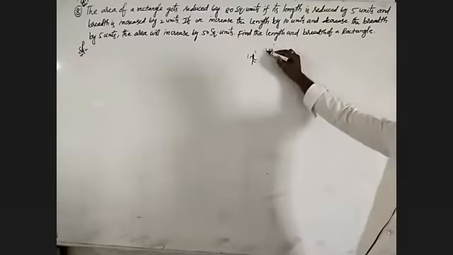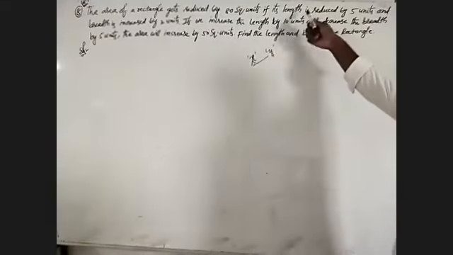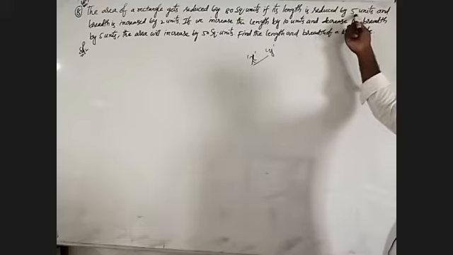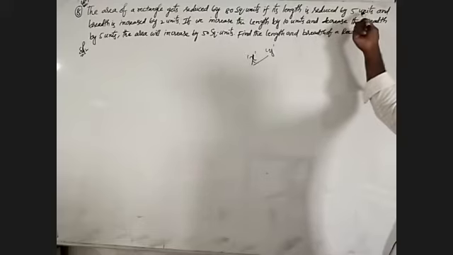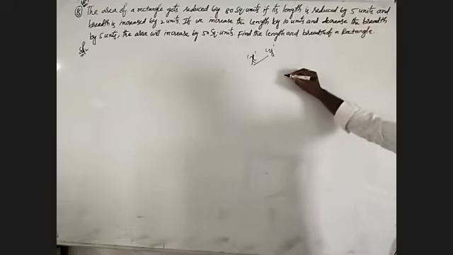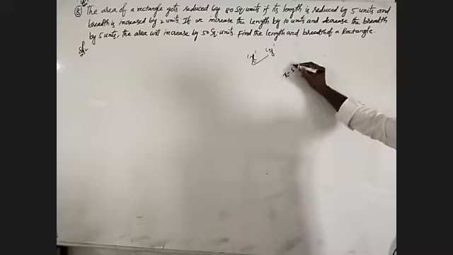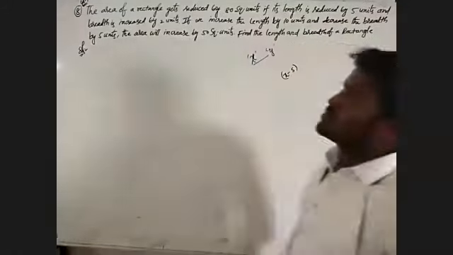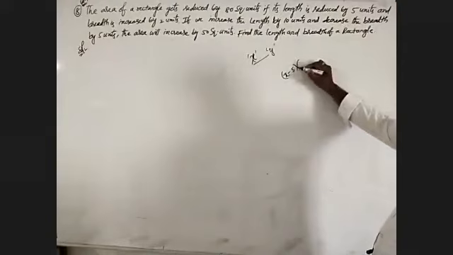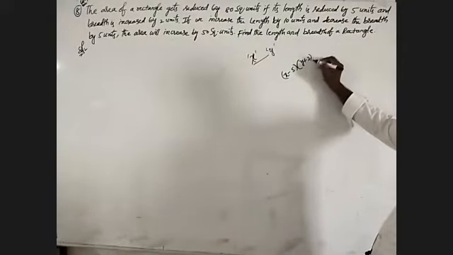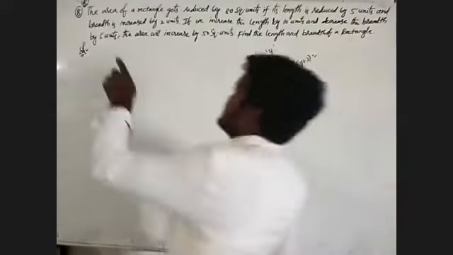After that we take the breadth of the rectangle as y. Here we observe in this condition, length is reduced by 5 units. Reduced means subtraction. That way I take x minus 5, and breadth is increased by 2, so breadth I take y plus 2. Here, what is the statement given?